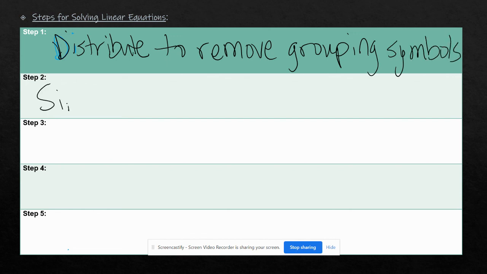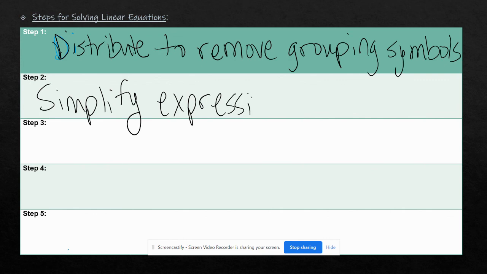Then we simplify the expression on each side of the equal sign.